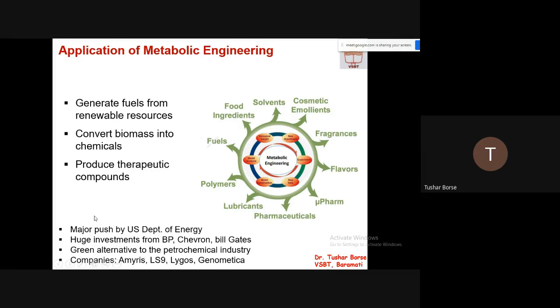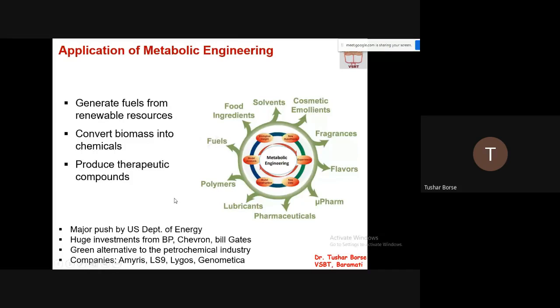It can be true for the Indian scenario also, where many funding agencies are there: AICTE, CSIR, the Department of Biotechnology, or the Ayush Ministry. These funding agencies are now promoting Indian scientists and Indian institutes to undertake research on metabolic engineering.